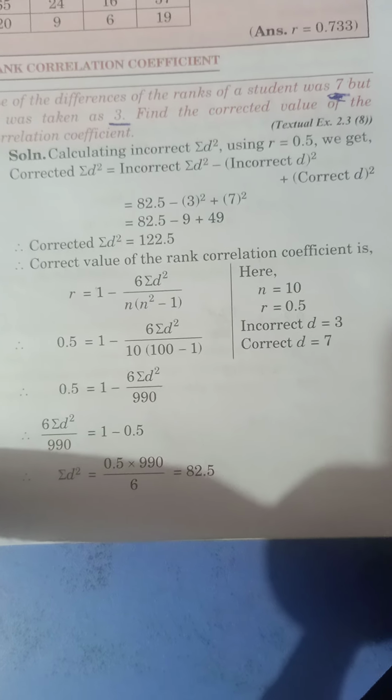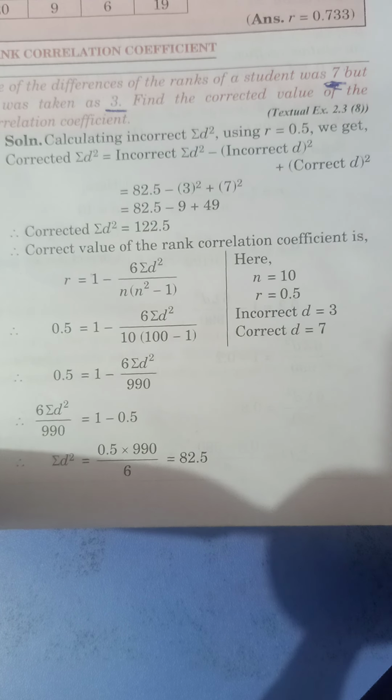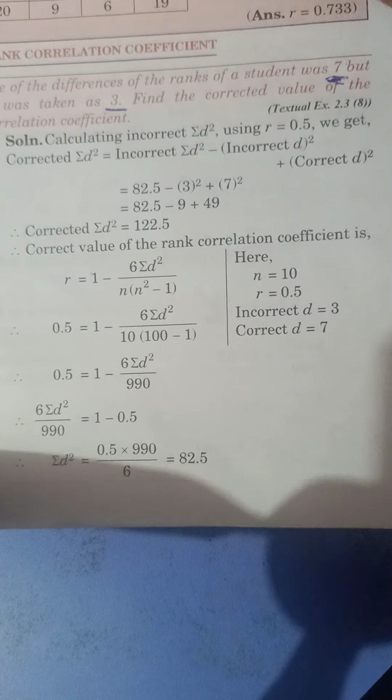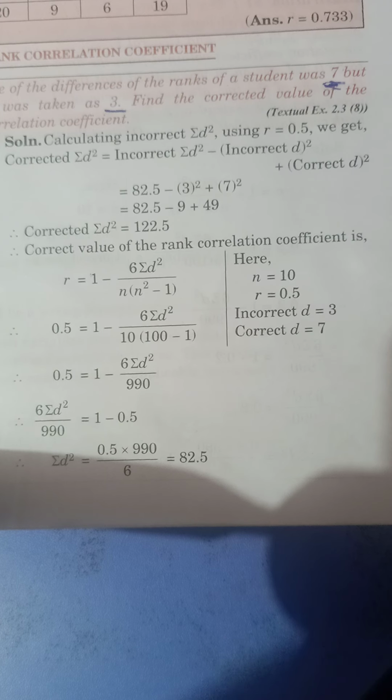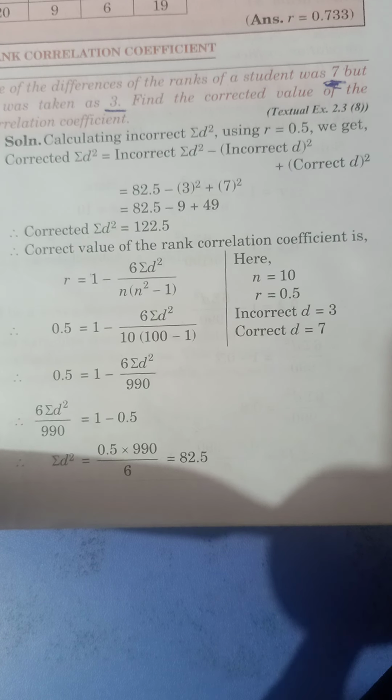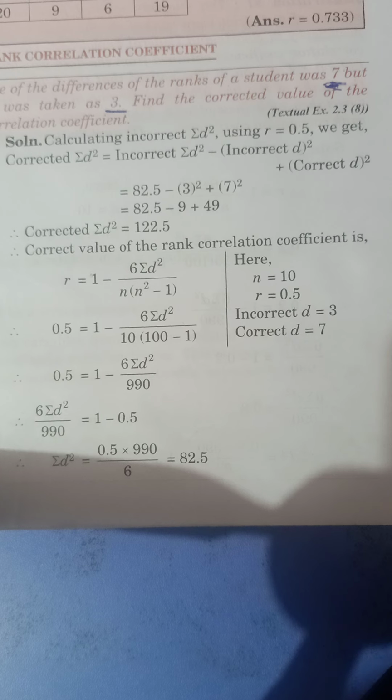So obviously, to find the corrected value, we actually need sigma d square. From sigma d square, we have to deduct the incorrect d square and add the correct d square.